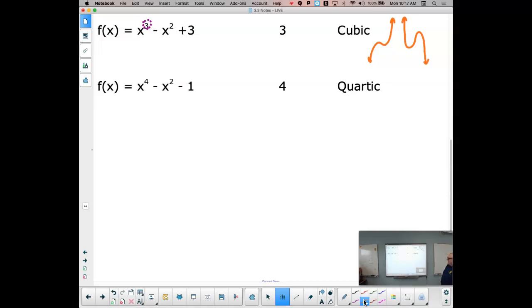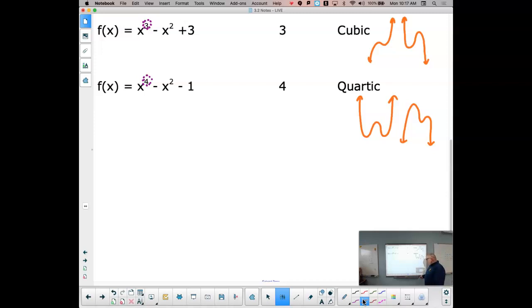Right is always going to be negative lead coefficient. Quartic, biggest exponent is 4. And that's what those could look like. And so on and so forth.